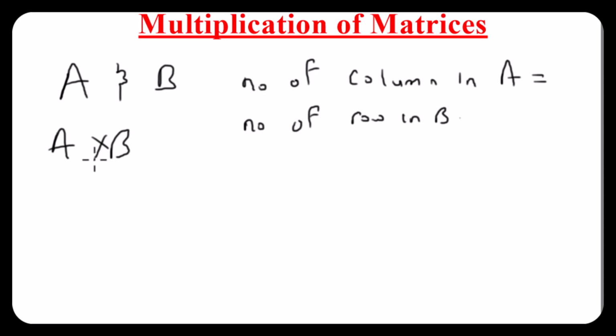They are simply not compatible. For them to be compatible, the number of columns in A must be equal to the number of rows in B. But that's not all.